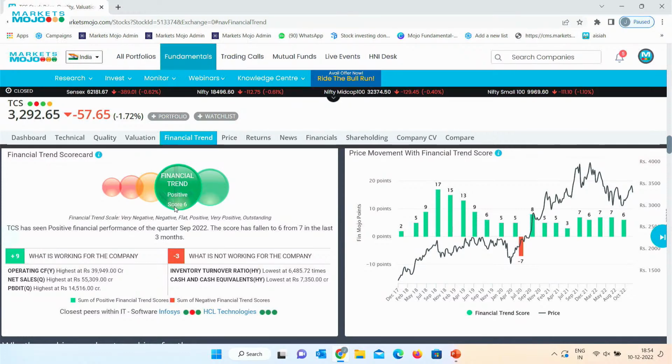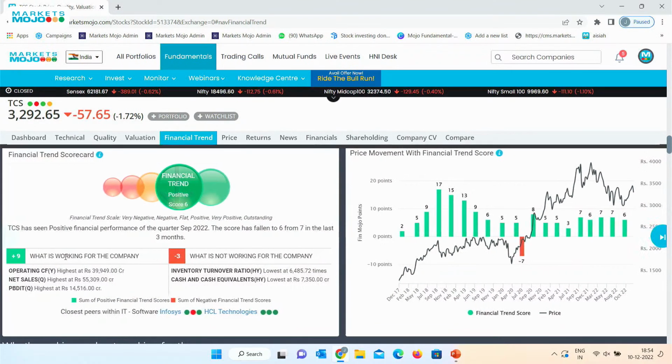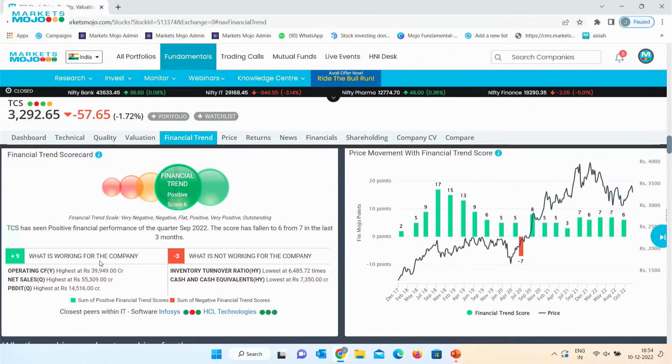Here for TCS, it's showing as 6. So if you can see here, we have 9 factors that are working for the company. They've got a plus 9 point and minus 3 point for what's not working for the company. So you can see operating cash flow yearly is high, so on and so forth. So all the financials I spoke about, it runs into our system. And then finally, we get the CFT score over here.